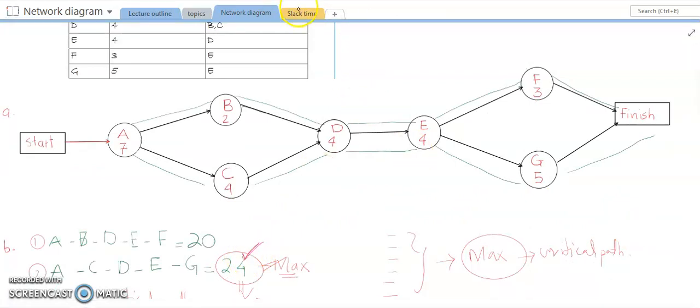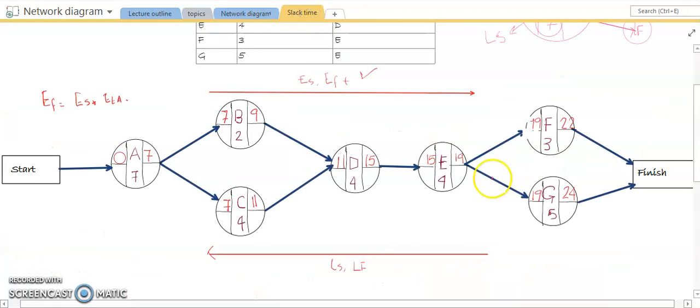Now we are going to calculate the latest start and finish times. We will be going in the backward direction. So we here have two values, 22 and 24. The project's value will be chosen on behalf of the earliest finish time.